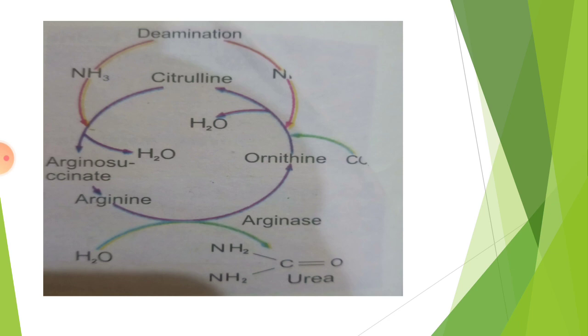I told you earlier that there are two molecules of the amino group, while in this picture you can see that only N is clear, but NH3 is not clear. I'm really sorry, due to some problem I could not take a clear picture.